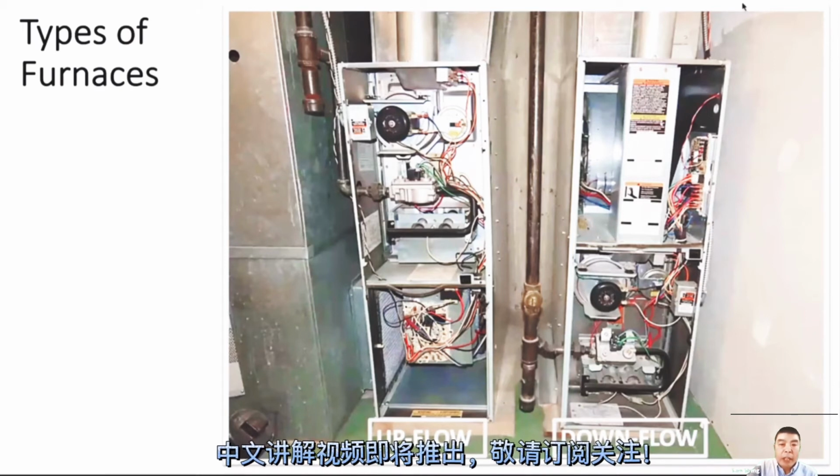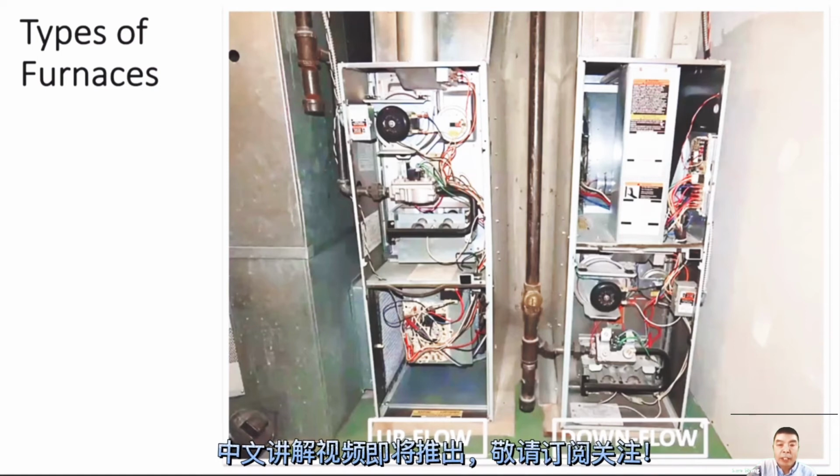For the gas side, we see the gas pipe here, and this is the gas supply. It goes through the gas valve here, and normally the thermostat controls the gas valve to open or close. When the thermostat calls for heat, like this furnace, we have an inducer motor. When the thermostat calls for heat, the inducer motor will start.